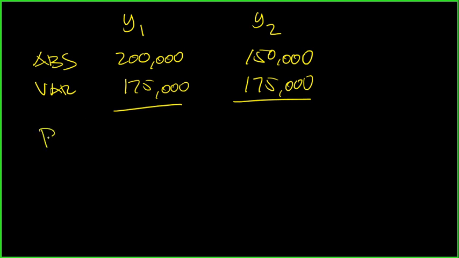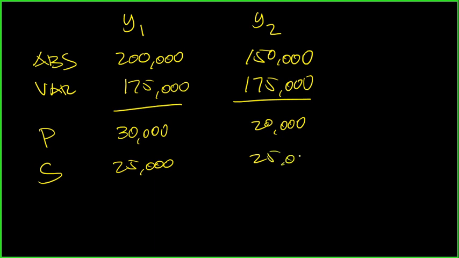Your production for year 1 is 30,000, year 2 is 20,000, but your sales is constant at 25,000. So, bakit ganun? Bakit siya pa bago-bago? From 200, it went to 150, but your sales is the same, 25,000.